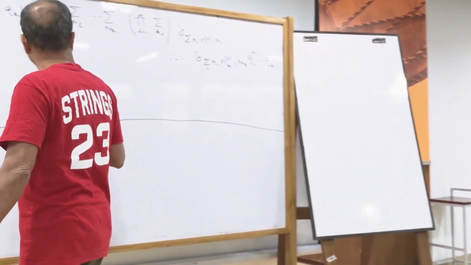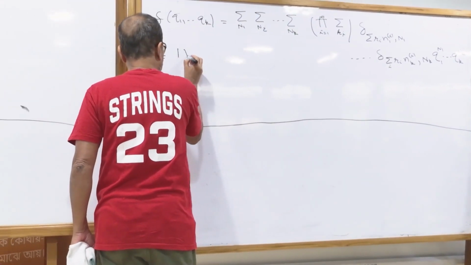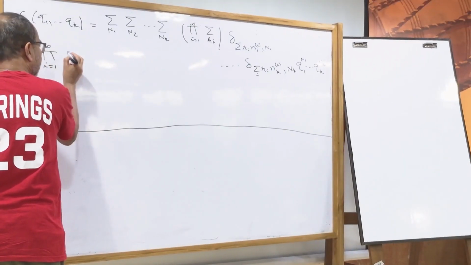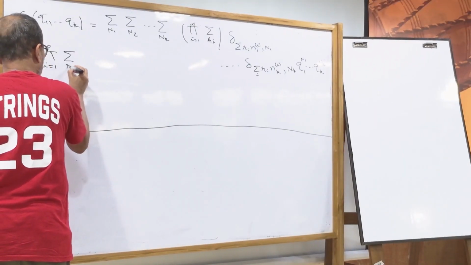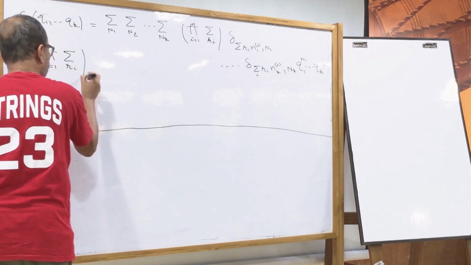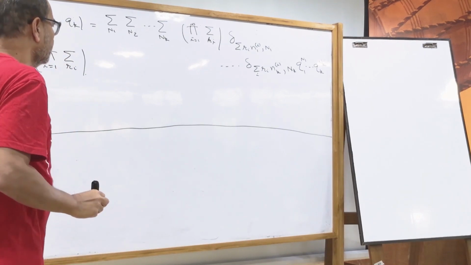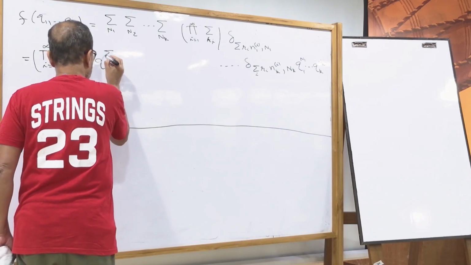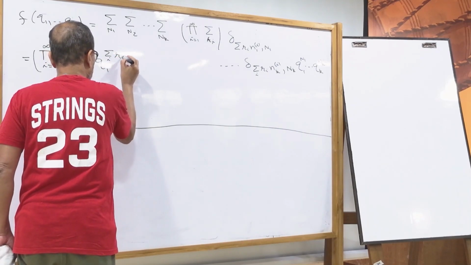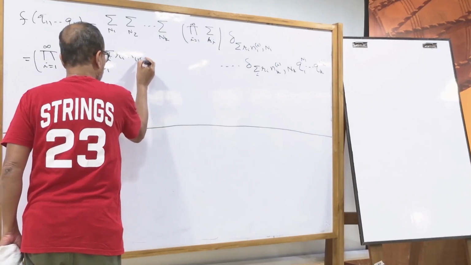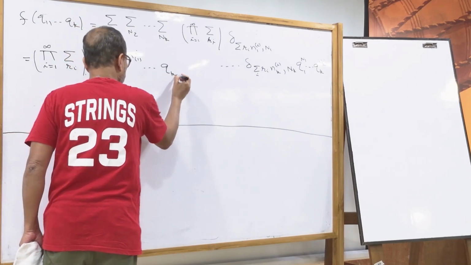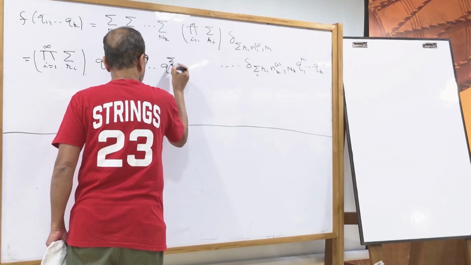So this then can be written as a product over I equal to 1 to infinity, sum over Ri, and then Q1 to the power sum over I of Ri N1I, up to Qk.